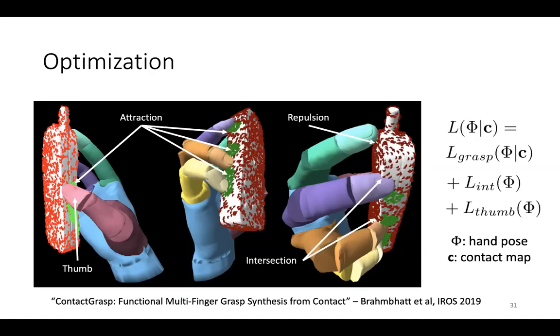And we found that using these 3 terms, and we also have an optional term for encouraging the thumb to always be in contact with the object surface, we can optimize the hand geometry pretty well, given a good rough initialization.